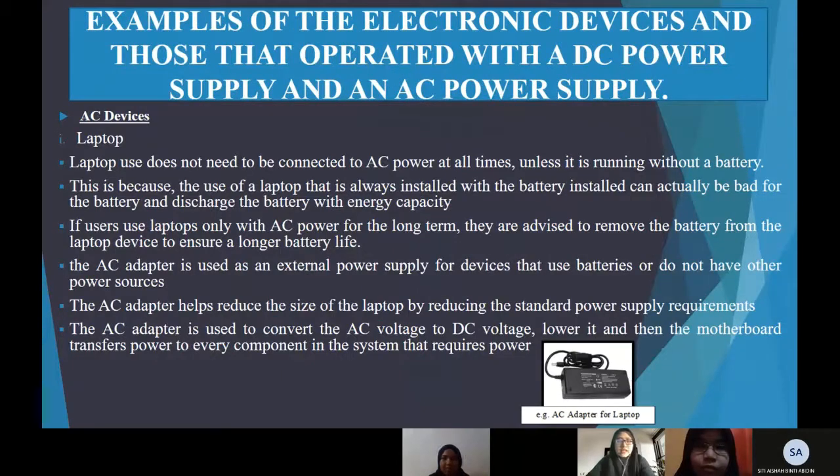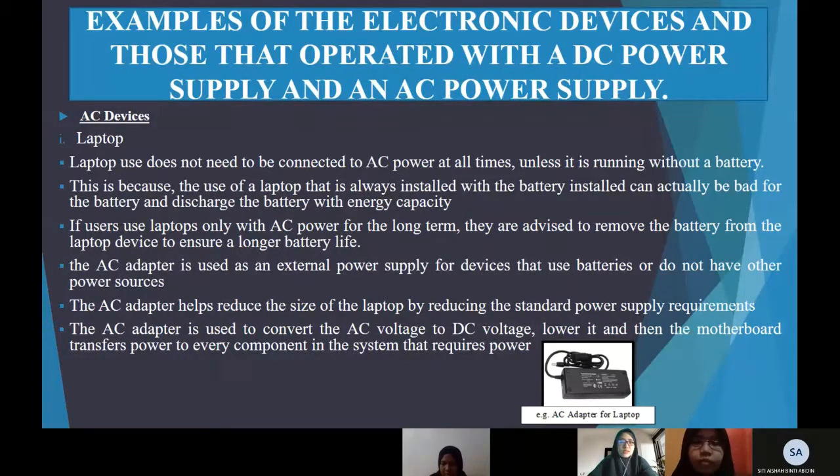I'm Nurnaidina Suha and I will continue the presentation. I will explain the examples of electronic devices and those that are operated with DC and AC power supply. For AC devices, we choose laptop and phone. A laptop does not need to be connected to AC power supply at all times.